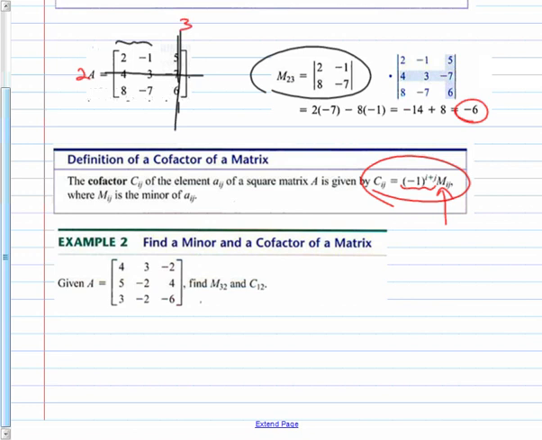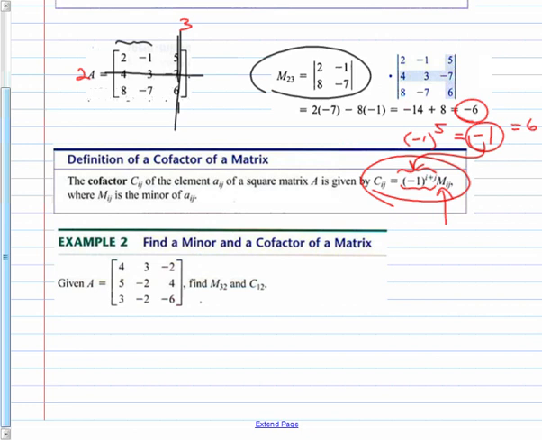If you add 2 and 3 together, you get the number 5. Negative 1 to the 5th happens to equal negative 1. That would be the number that went in front of it. So to get the cofactor that goes with this minor determinant, we have that negative 1 times the minor determinant. What's negative 1 times negative 6? A positive 6. That would be the cofactor for that.